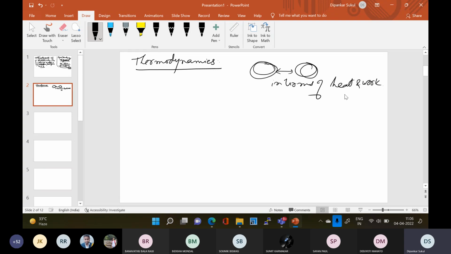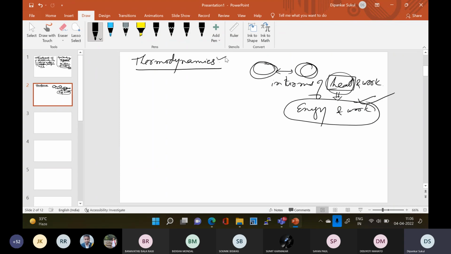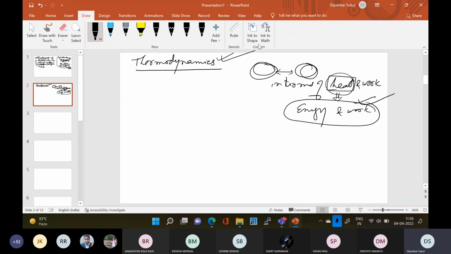Initially it was heat, but later on it was shown that heat is nothing but one form of energy. Hence, in thermodynamics, the interaction between two bodies in terms of energy and work, this is the science of thermodynamics. How two bodies interact with each other in terms of any form of energy and work.